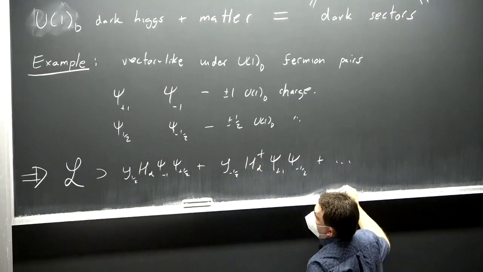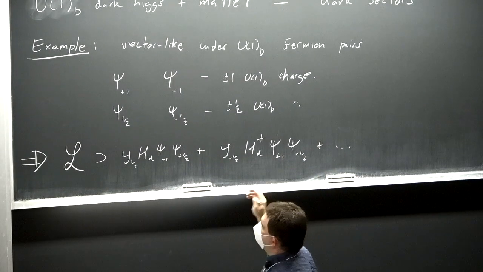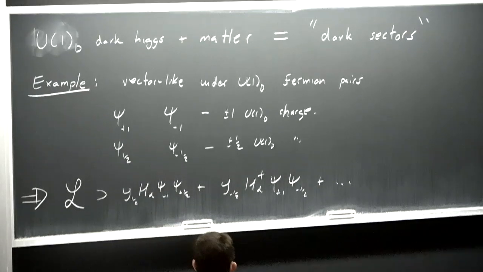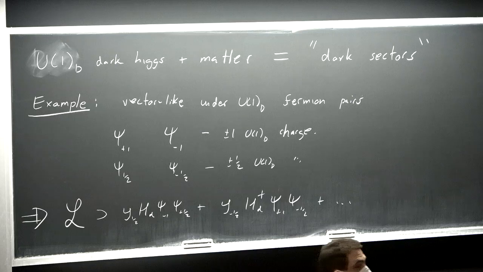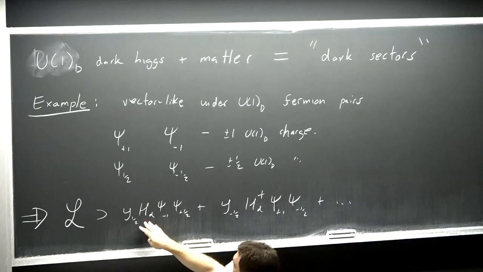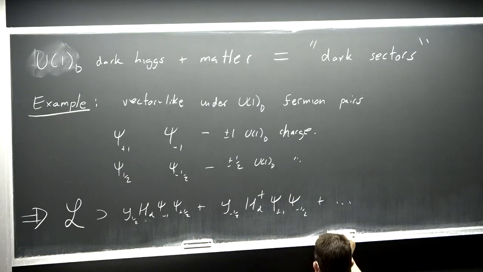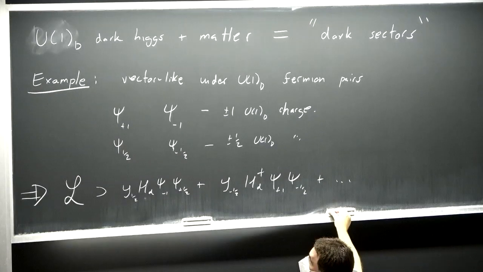So in this simple vector-like model, I'm imagining that there's a chiral discrete symmetry that forbids the vector-like mass terms. In this case, the U(1) dark breaking and the dark Higgs taking a VEV would introduce Dirac-like mass terms.